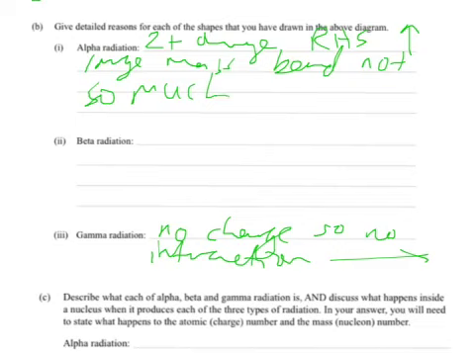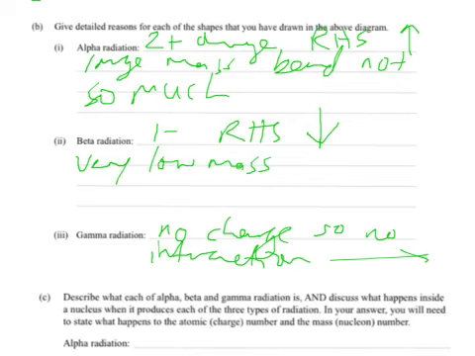Okay, the beta radiation has one minus, and with the right hand slap rule, if you apply it for conventional current, or some people use a left hand slap rule for negative charges, as long as you know what you're doing and you're consistent with it, that gives the direction of downwards. And the very low mass gives a larger bending.